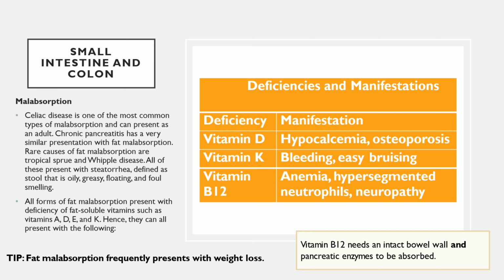Vitamin K deficiency presents with bleeding and easy bruising, and vitamin B12 deficiency presents with anemia, hypersegmented neutrophils, and neuropathy. In the right lower corner of this slide, there is a clinical tip which states that vitamin B12 needs an intact bowel wall and pancreatic enzymes to be absorbed.